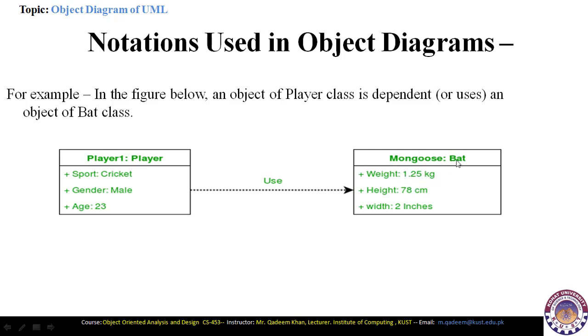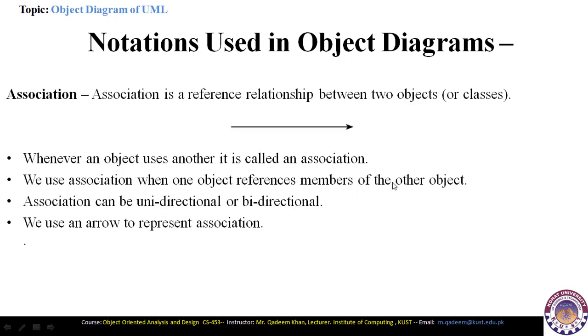For example, if we change to another type of bat which is different from the Mongoose, then these specifications will be changed. That means this is depending on this. Then player 1 is also depending on the Mongoose bat. So this class is depending on this class.